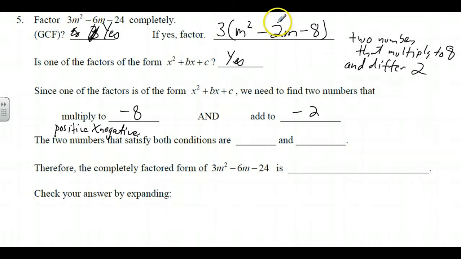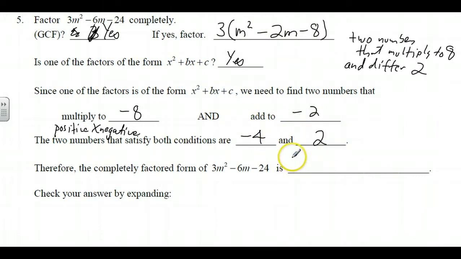Because when I add the two numbers together and they differ by 2, I know I need to get a difference of negative 2. So the two numbers that multiply to 8 and differ by 2 are 4 and 2. And I'm going to make the 4 negative, since the middle term is negative, it tells me the larger number must be negative.